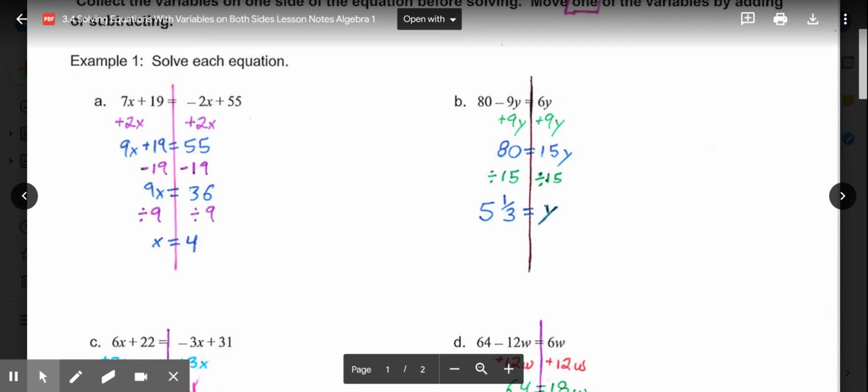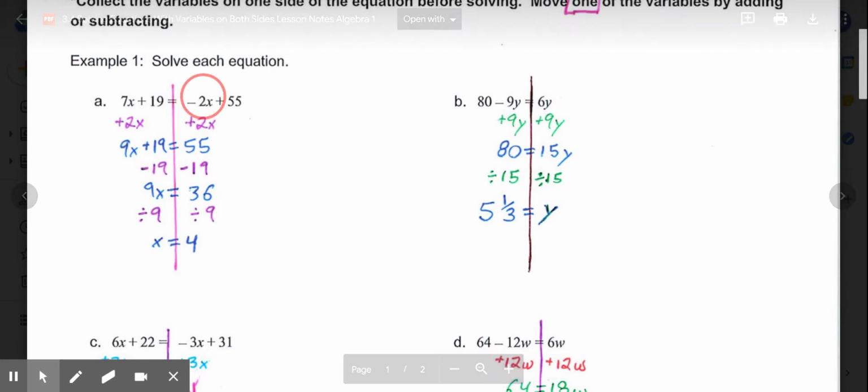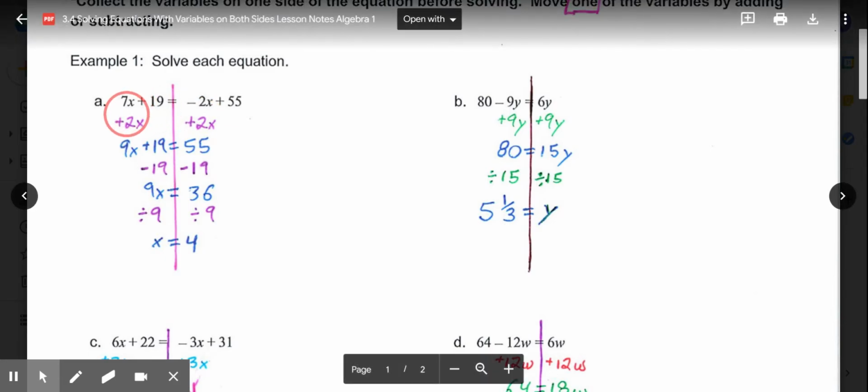So in this case, I'm going to undo the addition of the negative 2x. If I have a negative 2x, I want to get that back to 0x, or 0. So I would add 2x to the right, and whatever you do to the right, you must do to the left-hand side of the equal sign.